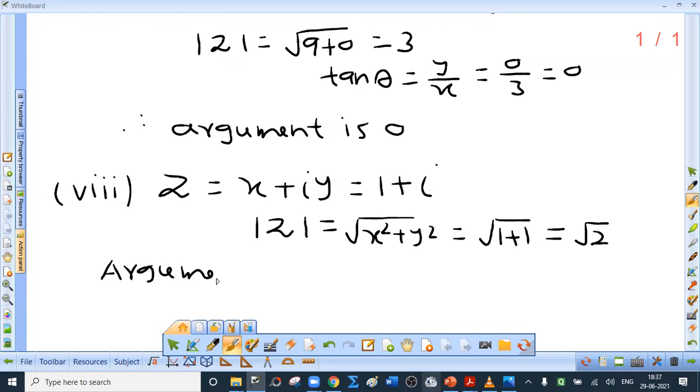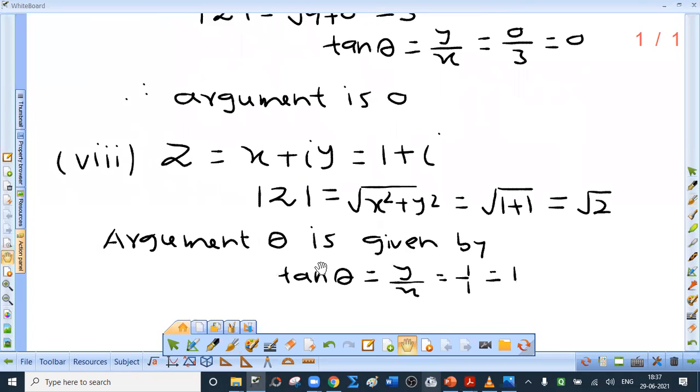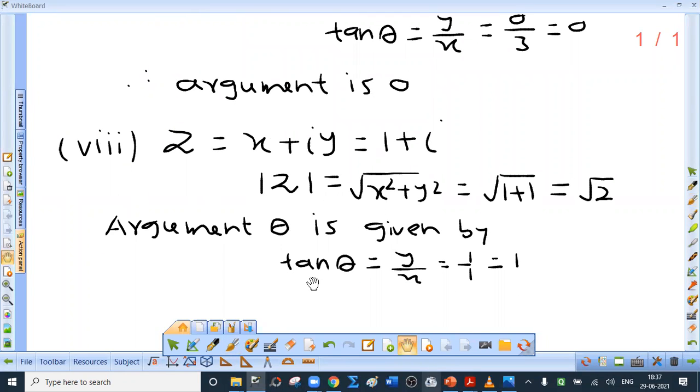Now the argument theta is given by tan theta equal to y upon x, that is 1 upon 1, that is 1. So this is a simple one. The point representing the complex number lies in which quadrant? First quadrant. And tan theta is 1.